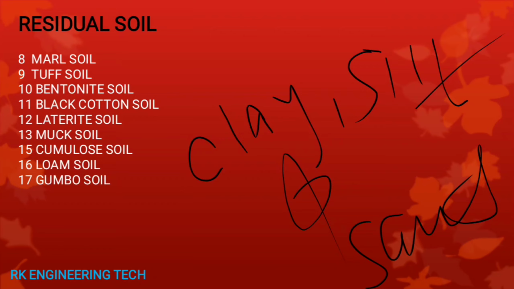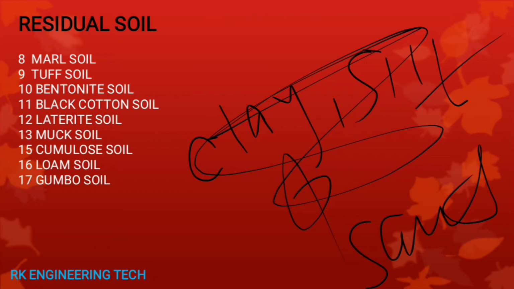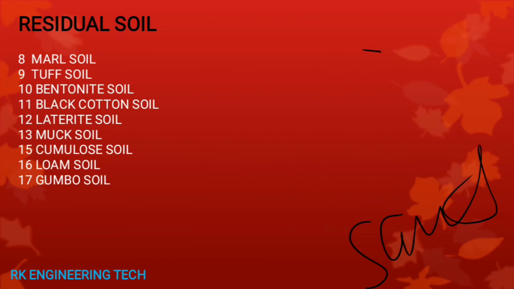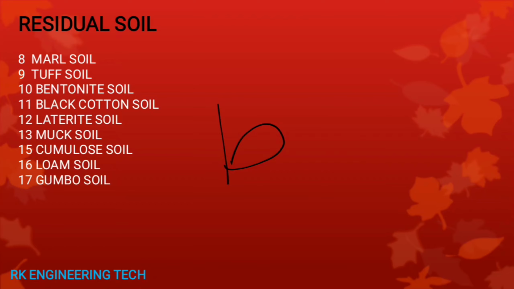And last one is glumbo soil. So you can make a rough idea: glumbo soil, this is the black colored glumbo. Glumbo means black colored sticky plastic soil.